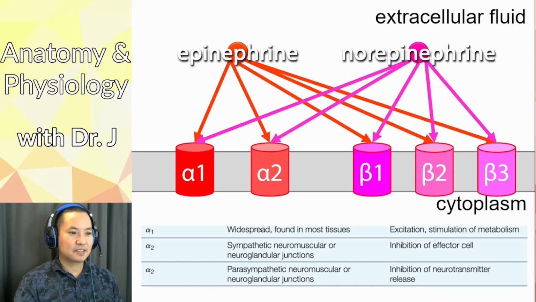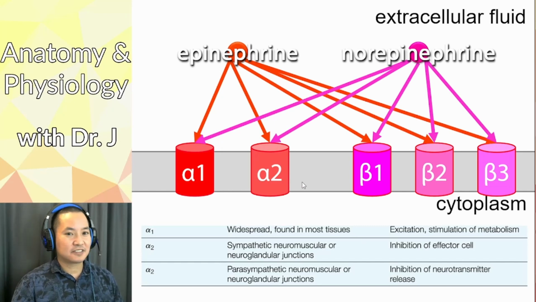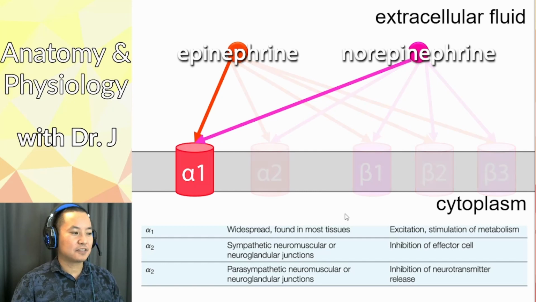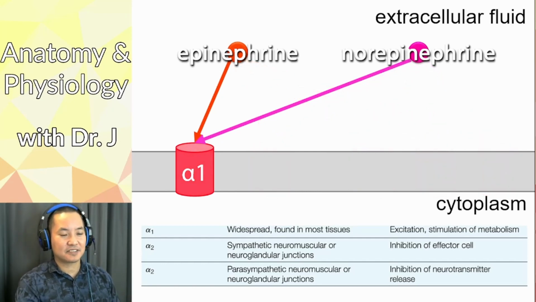Well, again, this is where the concept of different receptors, different effects comes in. Not every cell is going to have every single type of receptor on its surface. So what your cells do to select for what activity they want is that they only have certain receptors on their surface.